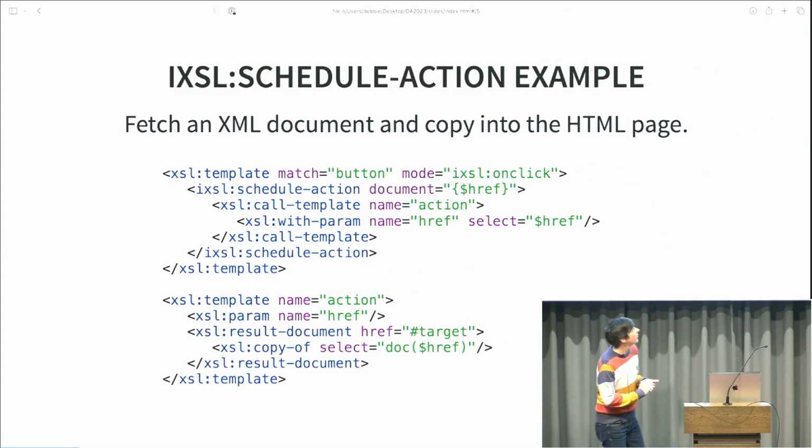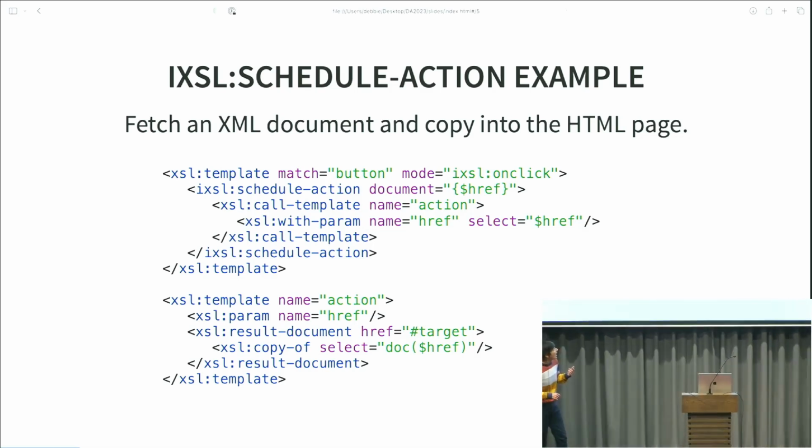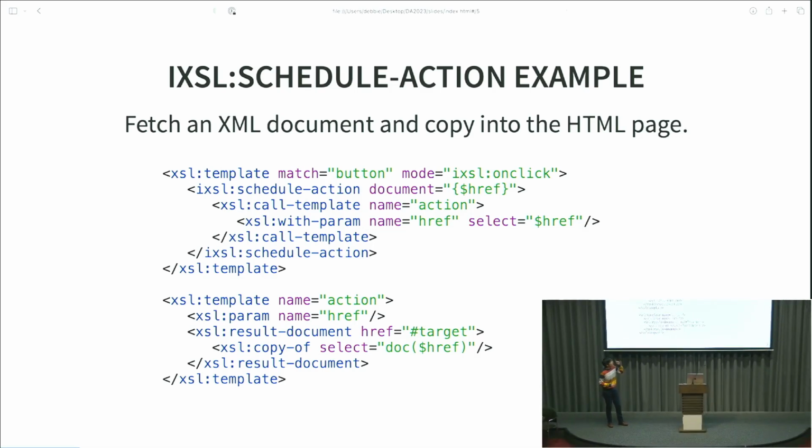So here we've got an event handling template, which is going to catch click events on a button in your page. It's then going to call the schedule action instruction, which will go and fetch a document. So the document attribute tells you which URI to go and get from.